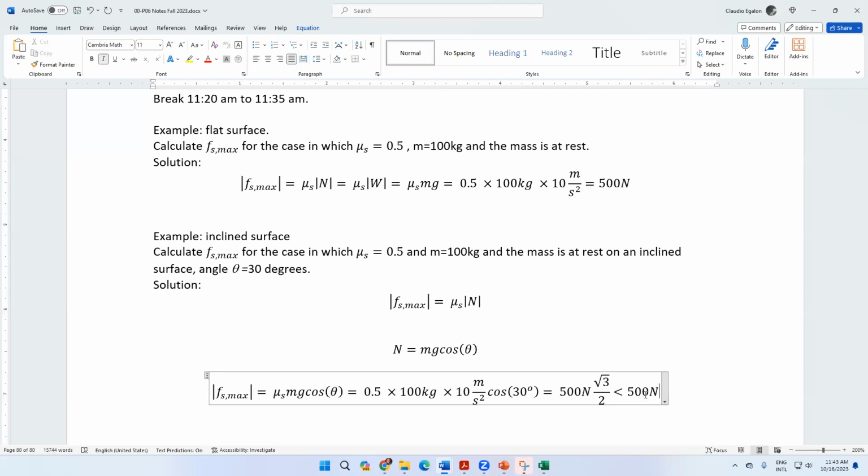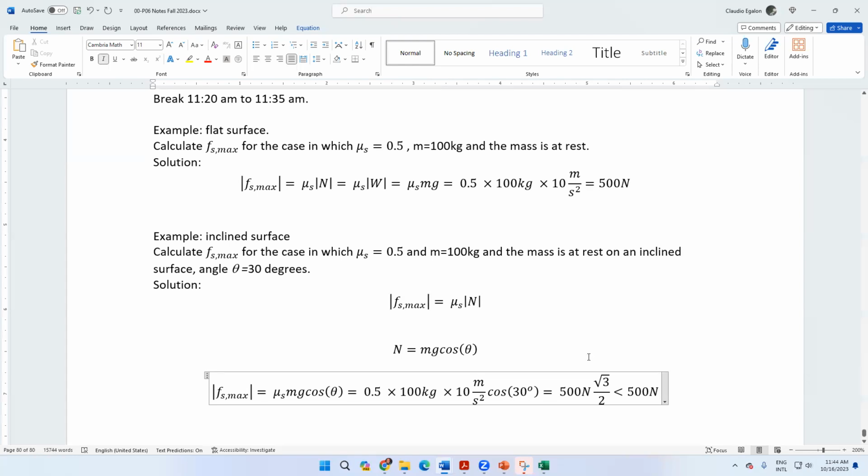You can calculate it. Square root of 3 is 1.7, divided by 2 is 0.87. So it's going to be approximately 400 newtons. We can do that with the calculator. Square root of 3, divided by 2, times 500.